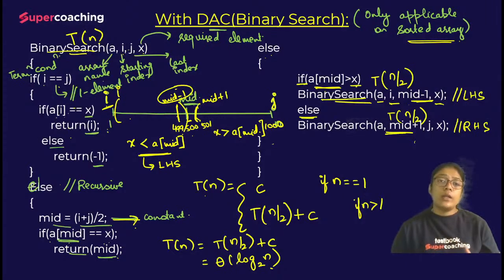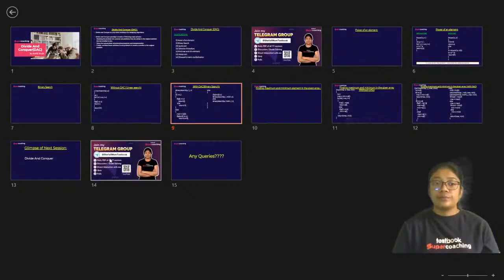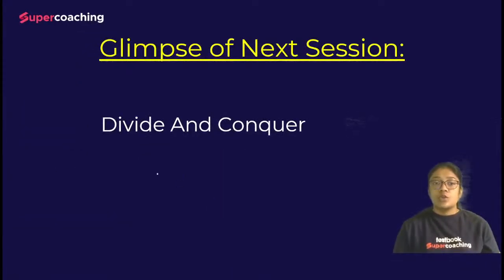Why are we taking these two first? Because these are the sorting techniques which are using the concept of divide and conquer. Okay. Anyone having any doubt till this point? So tomorrow we'll continue our discussion with divide and conquer applications.